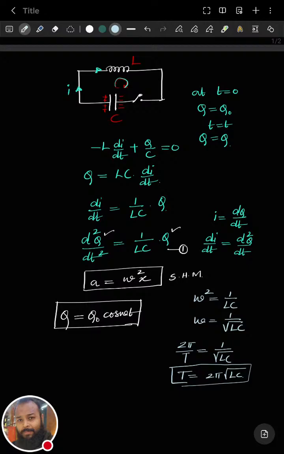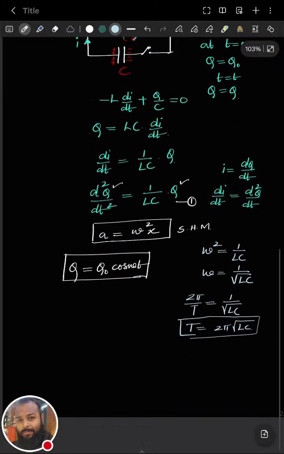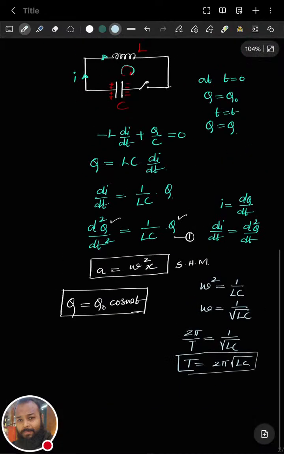तो अब क्या होने वाला है देखो. Q is equal to Q naught cos omega t. That is the charge at any instant on the capacitor. So now we'll observe what happens. I am writing it this way: Q naught cos of omega, which can be written as 2 pi by capital T into small t, right?